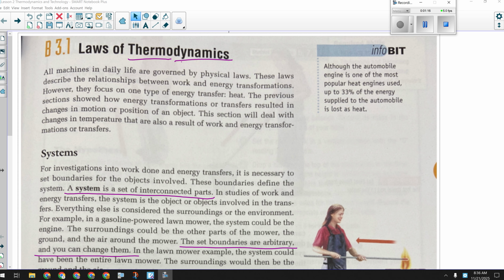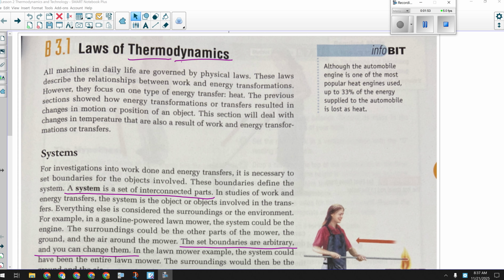So a system is a set or a series of interconnected parts.